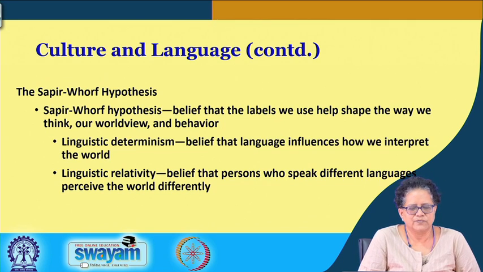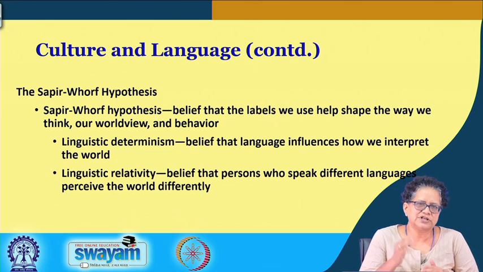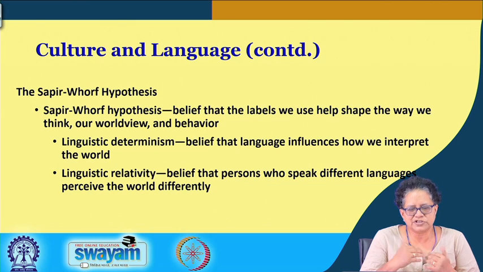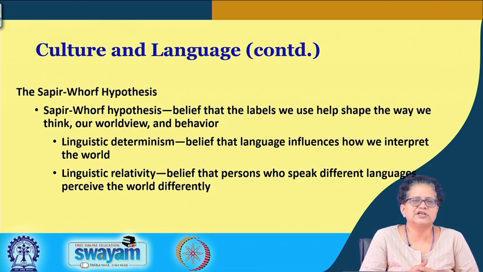The idea which I want you to understand from this concept is that because language is so seminal to communication, and because language is the first important major part of culture, therefore, the way in which we perceive the world is shaped by the language we use.